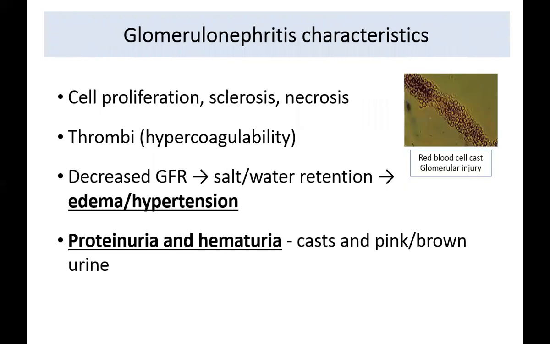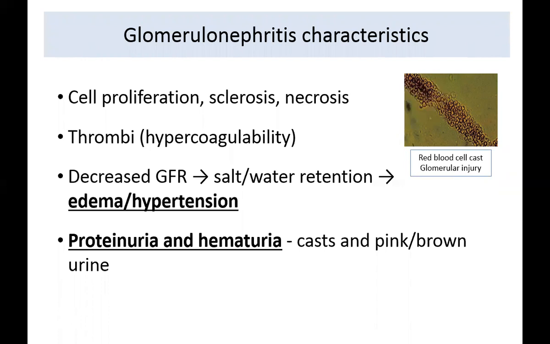Characteristics of glomerulonephritis, and I've changed this slide a little bit because some of the bullets are on the previous slide. The cell proliferation. One of the main problems in these conditions is that you get fibrosis of the interstitium. So there's sclerosis, fibrosis, and then cell death as well. There's upregulation of some of the clotting factors, so you get hypercoagulability and thrombi, can cause intravascular damage.